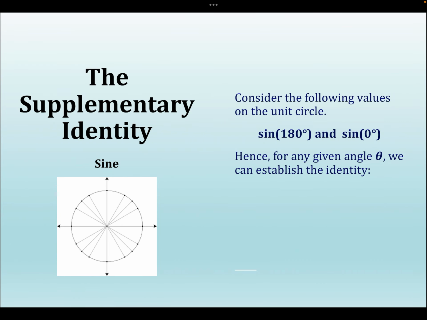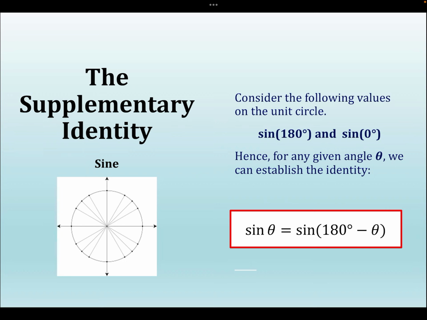The next thing you need to know is the supplementary identity. Now, consider the following values: sine 30 and sine 150 degrees. Hence, for any angle, we could establish the identity sine theta equals sine of 180 degrees minus theta. So let's just take, for example, this is 30 degrees.